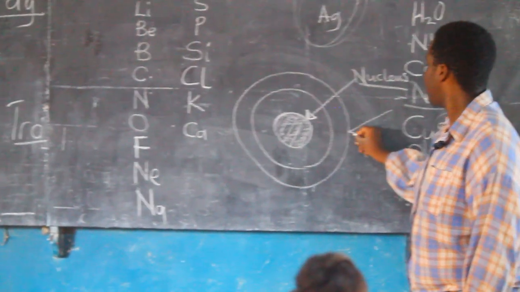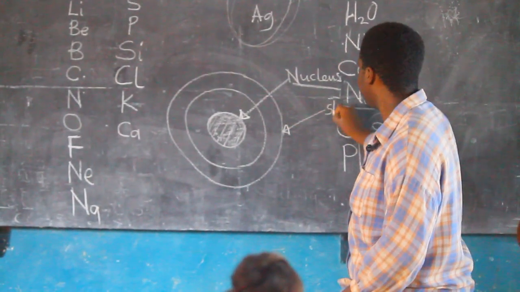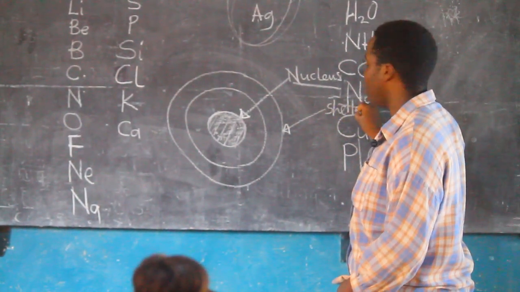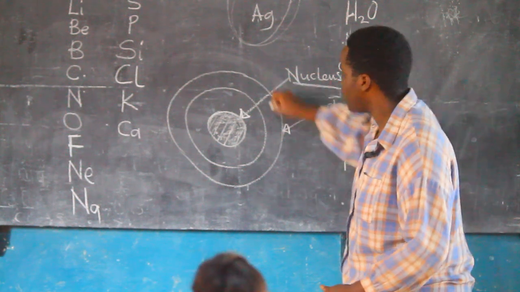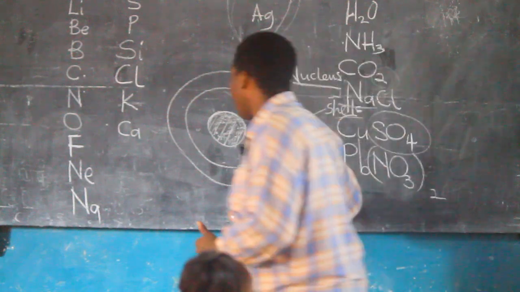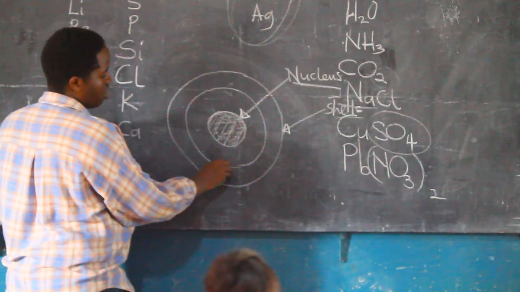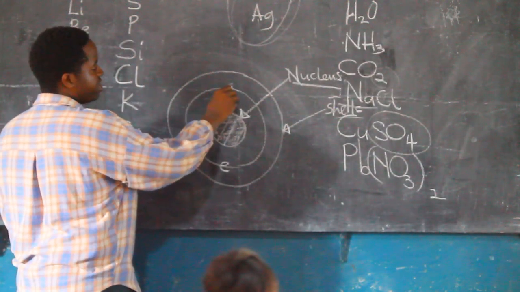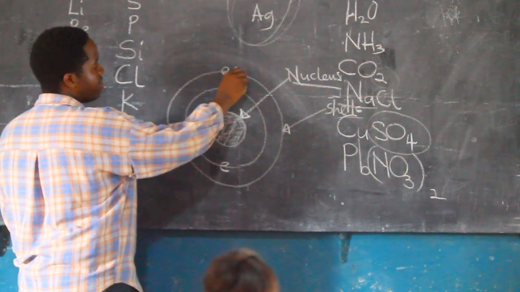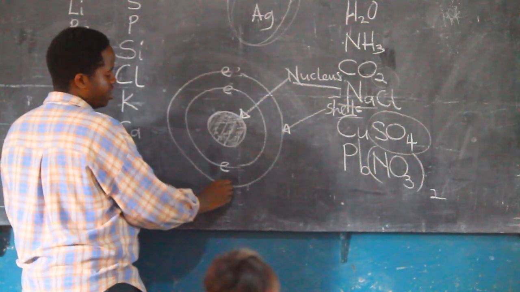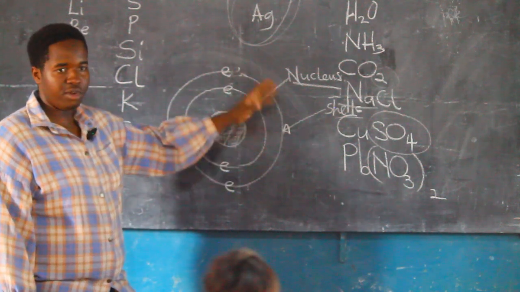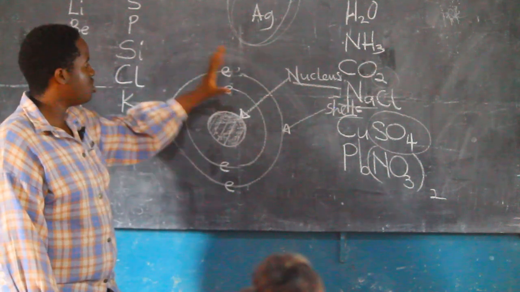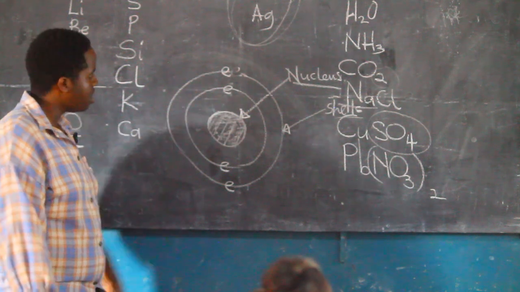Then we have this called the shells. They go by many names. Most common is they are just rings. Now, what do these rings do? On them, just like our solar system, we have different electrons. These shells hold these electrons.